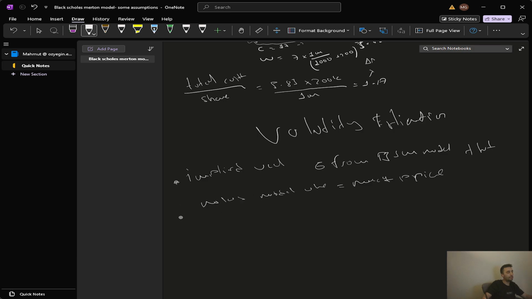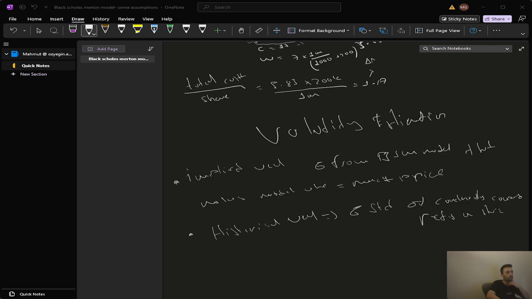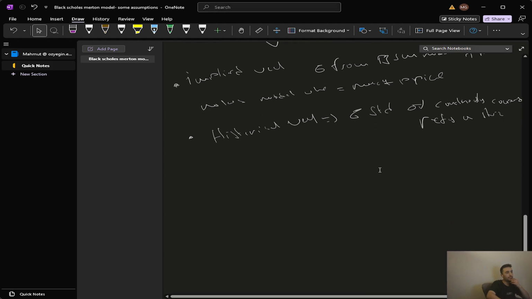This is implied volatility, and then there is historical volatility. Historical volatility is easy because it's the standard deviation of continuously compounded returns on the stock. Implied volatility depends on the stock and the market price.